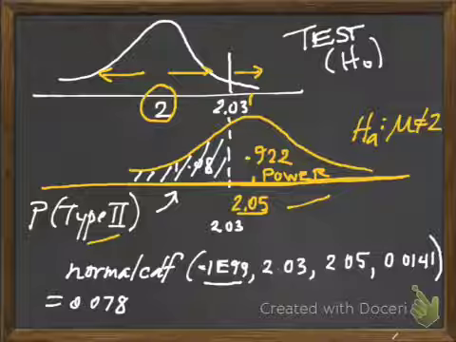So this alpha was 0.05, which is split up into two tails here. So this is really 0.05 divided by 2. And I can't write up there, so I'll write it over here. Really 0.025. Well, let's make it 1%.